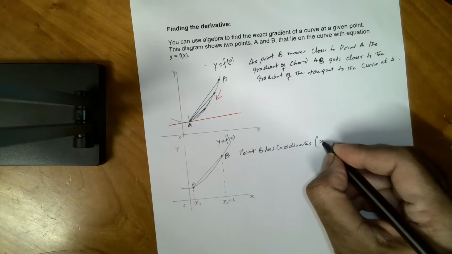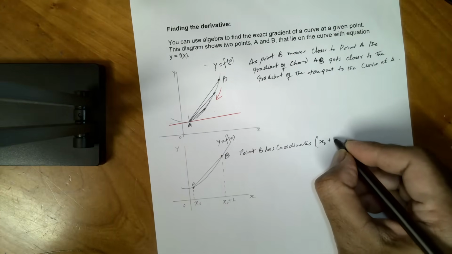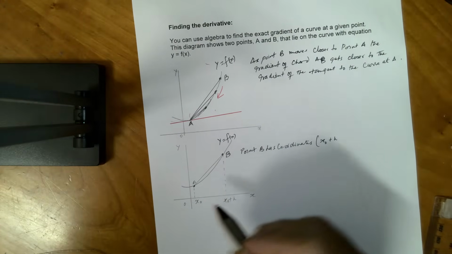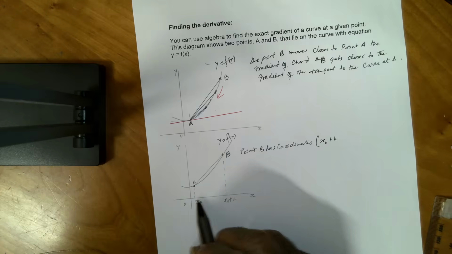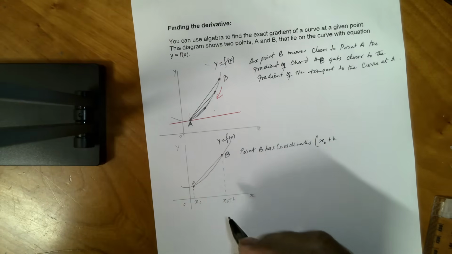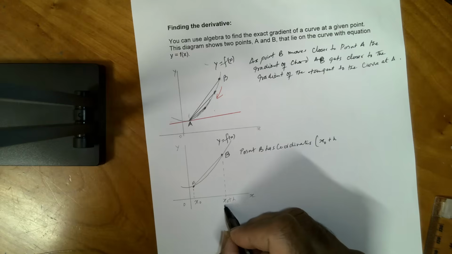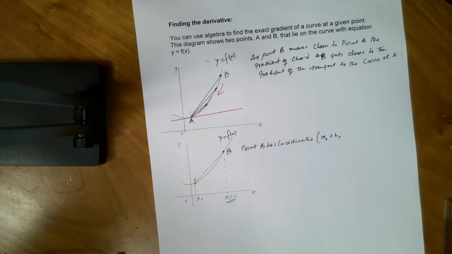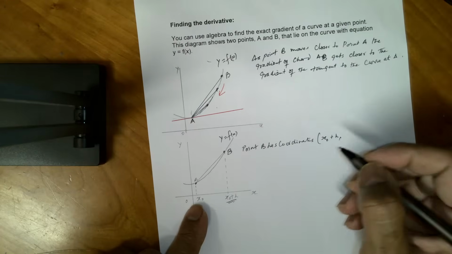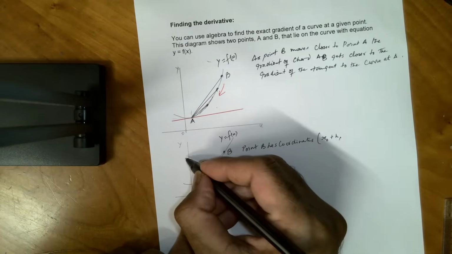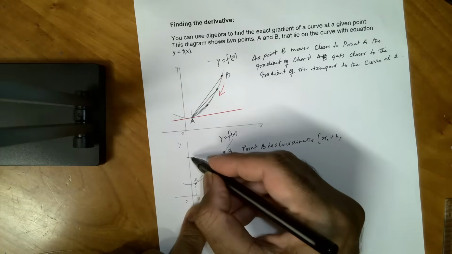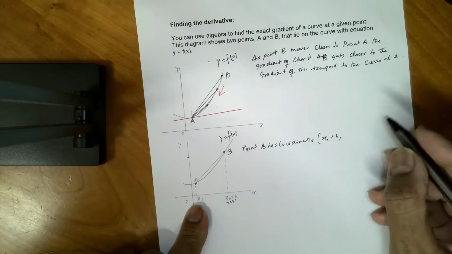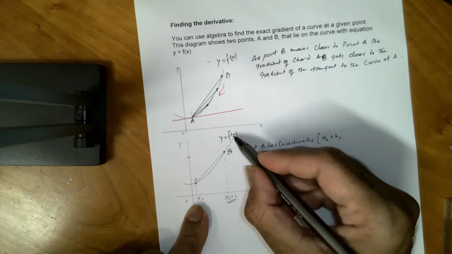It has x0 plus h as its x coordinate. That's the distance, and that's your x. And the y would be y equals f of x0 plus h. Remember this.